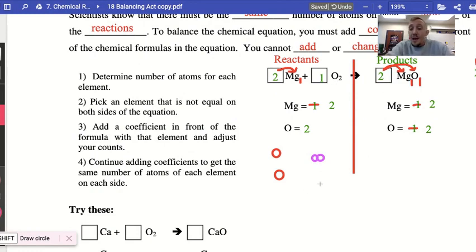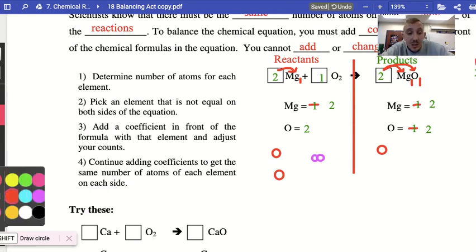Now, this is 1 molecule, and this coefficient is telling me how many molecules I have. Okay, so over here, you can notice these reds are not added, but there's 2 coefficient, so I have 2 separate atoms. So if we look over here, you have MgO. So what that's really saying is I'm going to have a magnesium with an oxygen, so it's going to be a red with a purple, okay, because that's what the compound tells me.